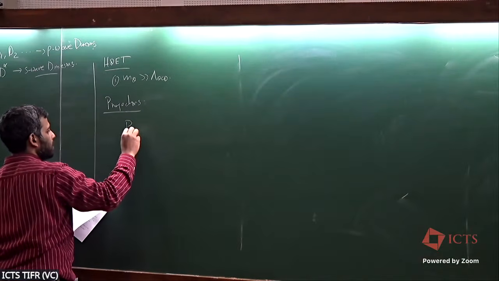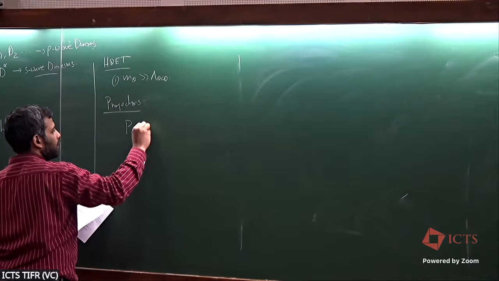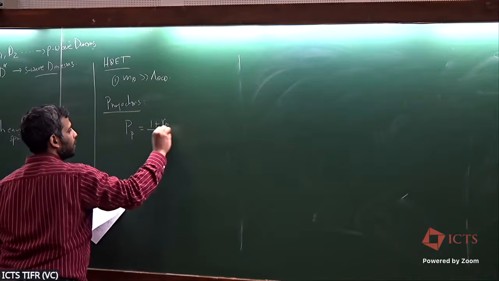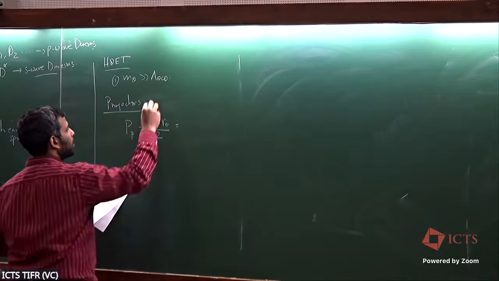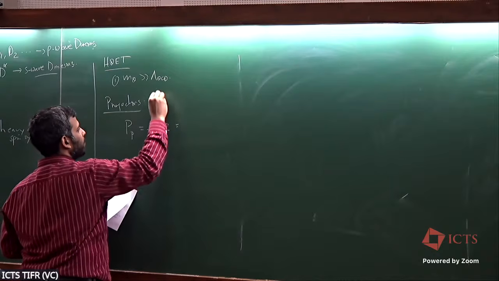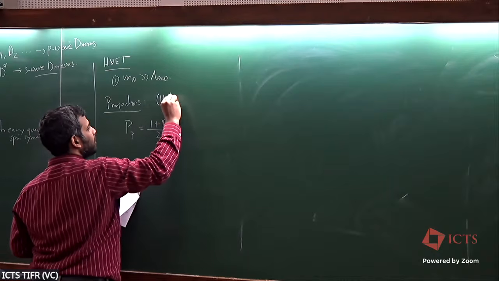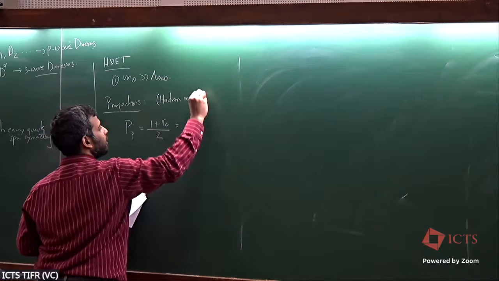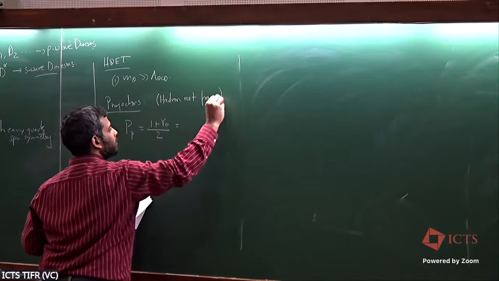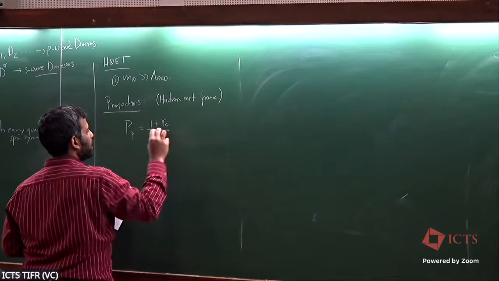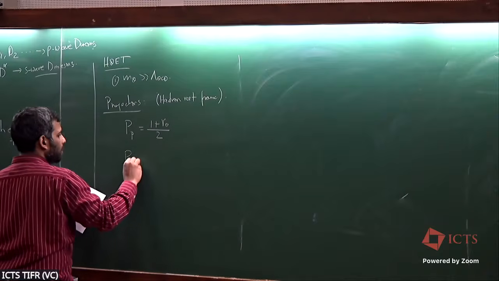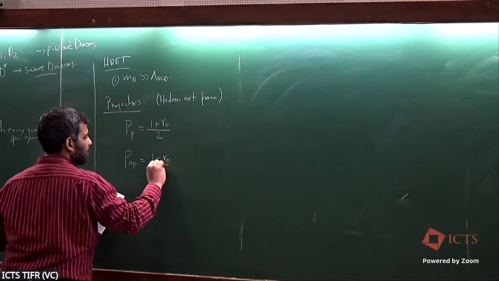So I define some projector for the particle. Let's say I'm in the hadron rest frame for the time being. This is my projector, and for the antiparticle, this is my projector.